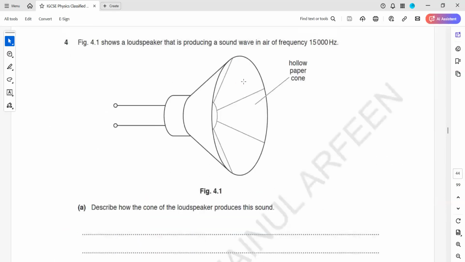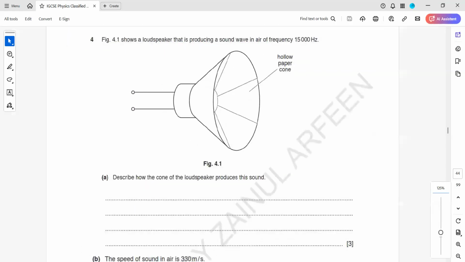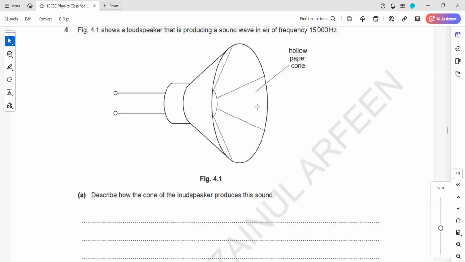Another question, a similar question related to sound. Figure 4.1 shows a loudspeaker that is producing a sound wave in air with a frequency of 15,000 hertz. Describe how the cone of the loudspeaker produces this sound. If you have experience of touching a speaker, you will feel the vibration.